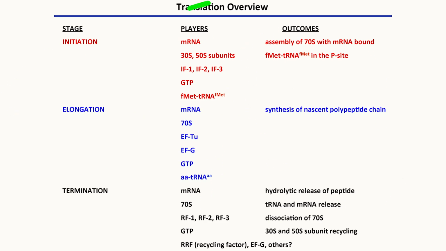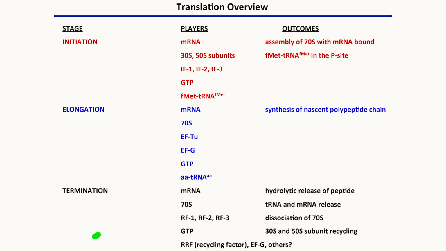So what you can see from this overview, and go back and study it outside of lecture, is that in each case we see GTP, which means GTP hydrolysis occurs at each step. In initiation, our outcome is assembly of the 70S with mRNA bound and with an initiator tRNA in the P site. The outcome of elongation is synthesis of this nascent, or new, polypeptide chain.